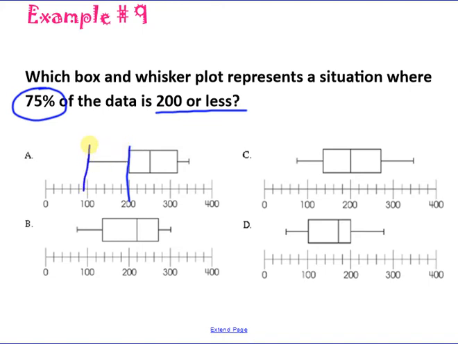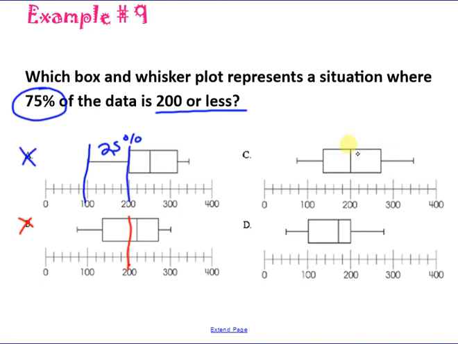Well, from the beginning to 200, that's 25%. So that's wrong. Okay, let's move on to B. Here's 200, but 200 in this box plot does not sit on the median or the lower extreme or the upper extreme, so we can't tell. So that's wrong.